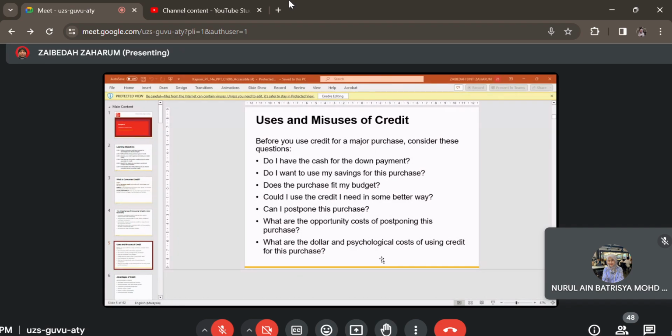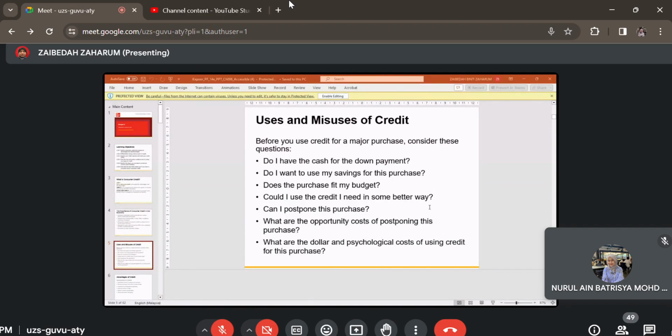Okay. And then what are the dollar and psychological costs of using credit for this purchase? Okay, so we have to evaluate lah both financial and emotional implications of financing the purchase through the credit.